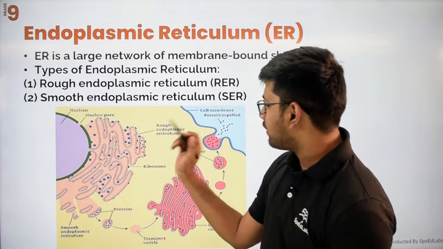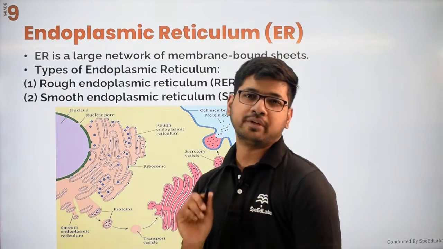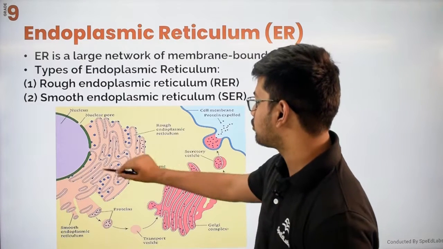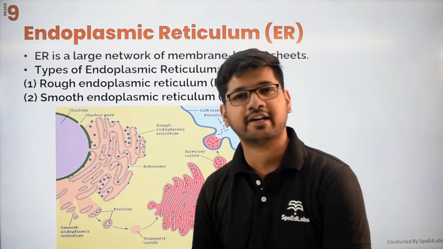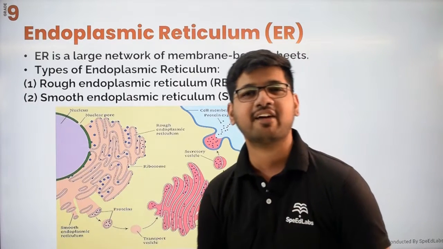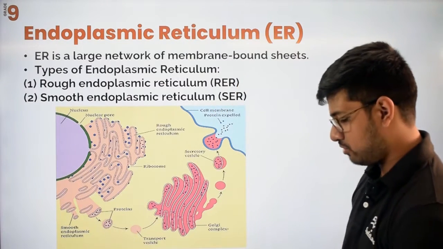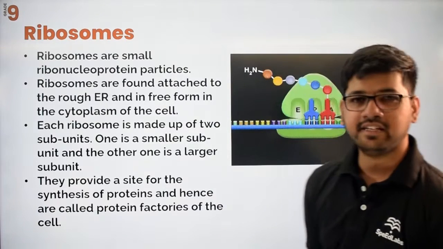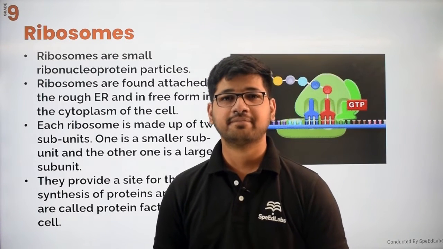Why is rough endoplasmic reticulum known to be rough? Because it contains ribosomes at its layers or surfaces, whereas smooth endoplasmic reticulum doesn't have that. So structurally that is seen as a difference.